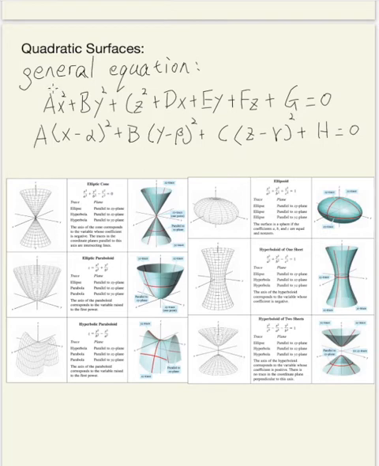So for any quadratic surface given in this form, you can turn it into 3 complete squares and a constant at the end.